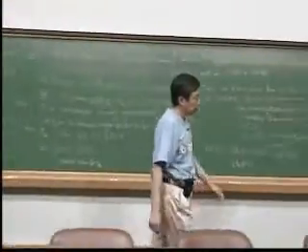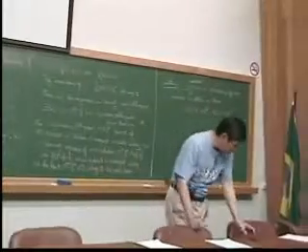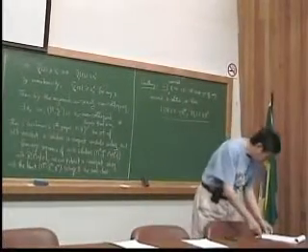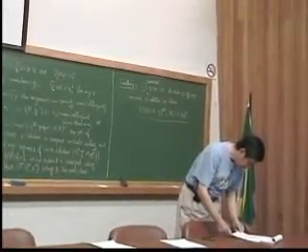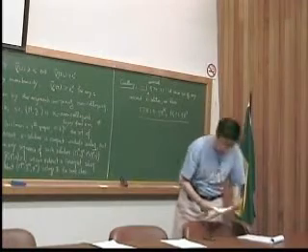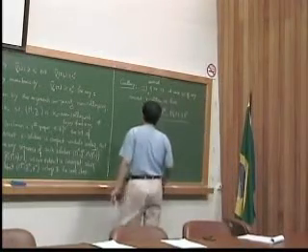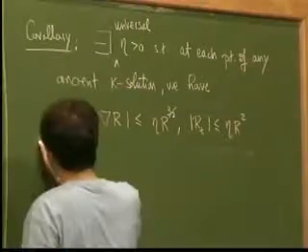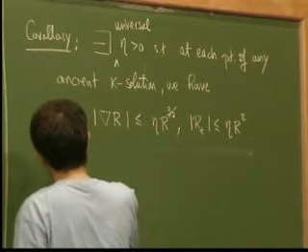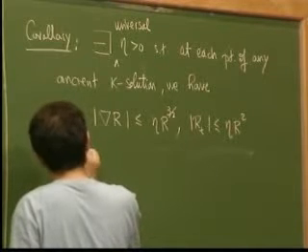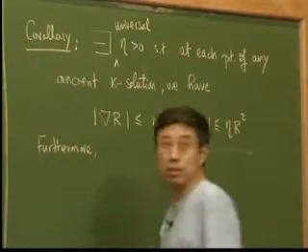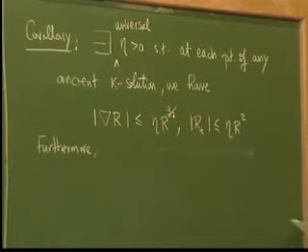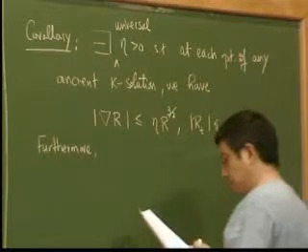Next, let me draw some further conclusions, which I will explain a little bit, but not quite prove. So furthermore, we have the following things. It's a little bit complicated to describe, but it's okay.